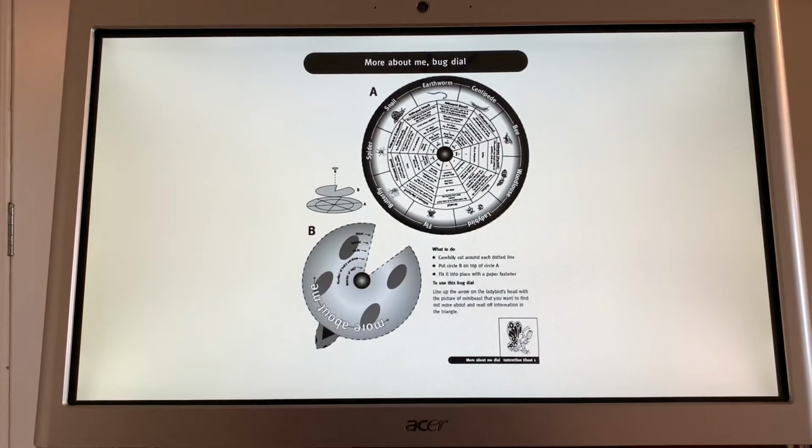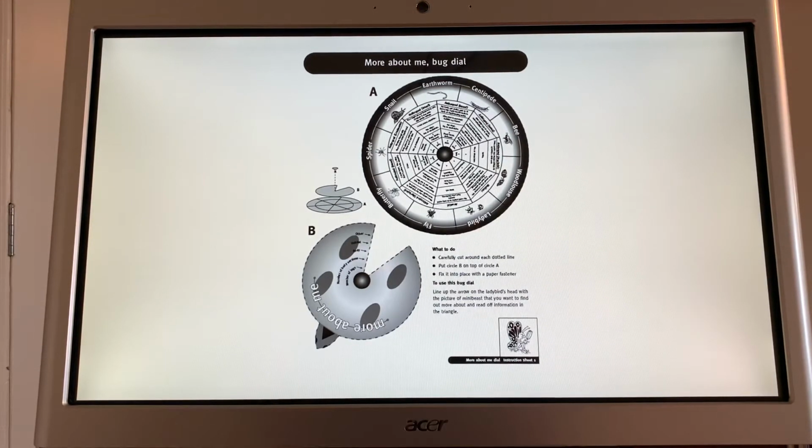And finally, a little activity to go with today's lesson. A More About Me bug dial. Now, I will attach this template as a PDF onto the St. Joseph class tile, if you have a look there. Now, when you print this dial, I'll just show you this one.